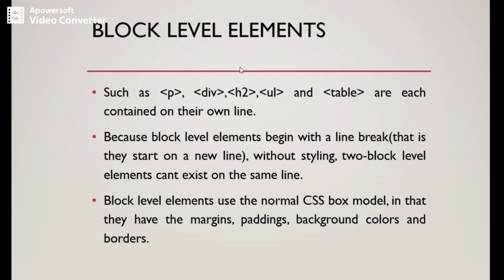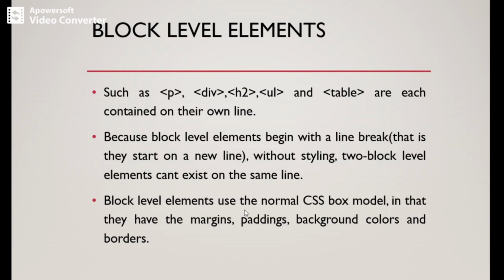Now block level elements are like your p tag, div tag, h2 tag, table tag. They are contained on their own line. Block level elements begin with a line break, that is, they start on a new line.